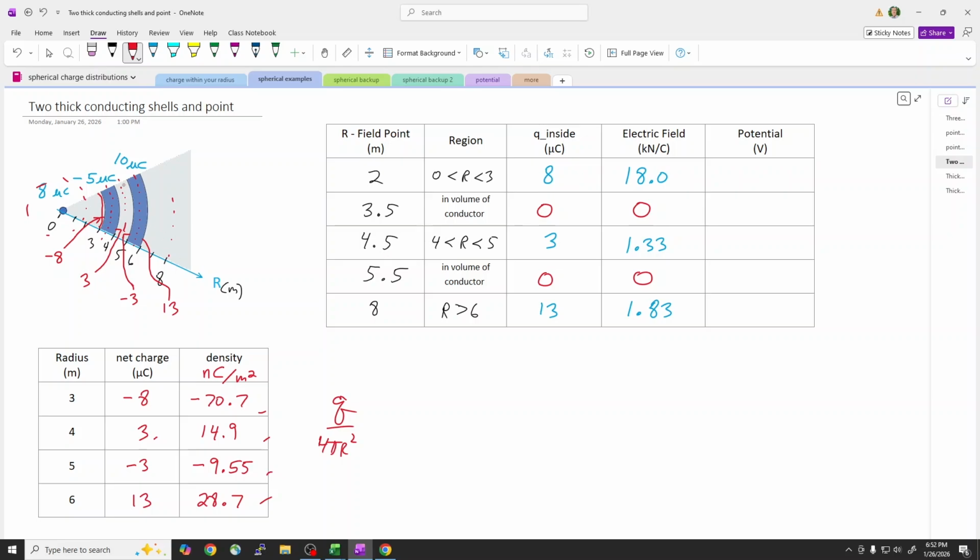At the 4.5 meter mark, we have a radius that encompasses the 8 and the -5, so that's 3. And of course, when we're at 8 meters, everything is inside, so 13. Again, kQ over r squared, where Q is the charge inside our radius, and you can calculate these electric field values.